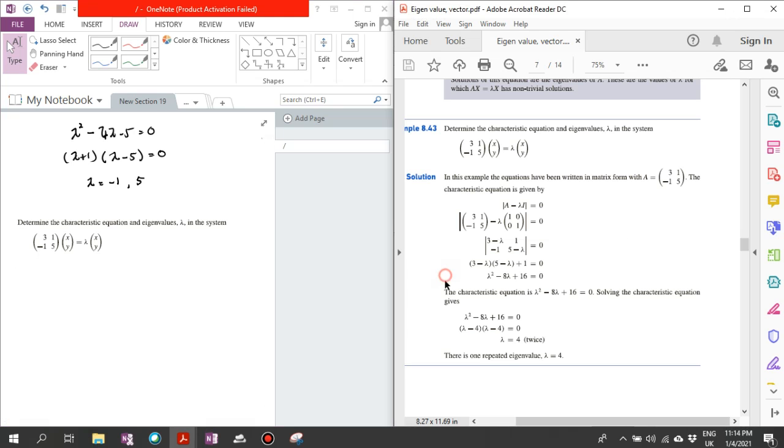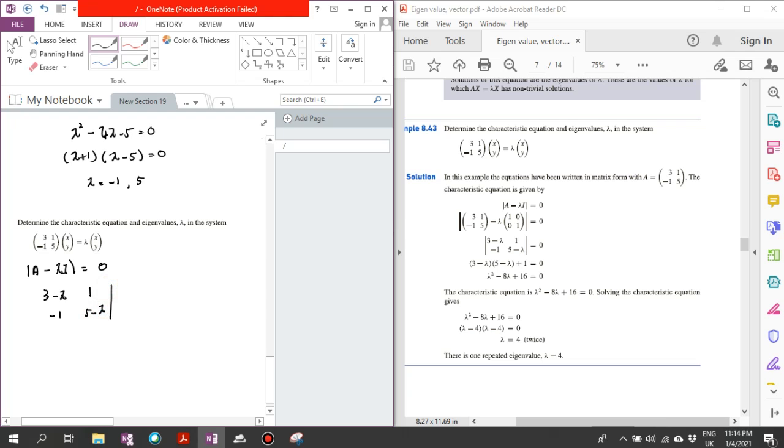In order to solve this one, as mentioned, we have to use the formula of eigenvalue, which is the determinant of A minus lambda I equal to 0. So you can get it short to become 3 minus lambda, 1, -1, 5 minus lambda, equal to 0.